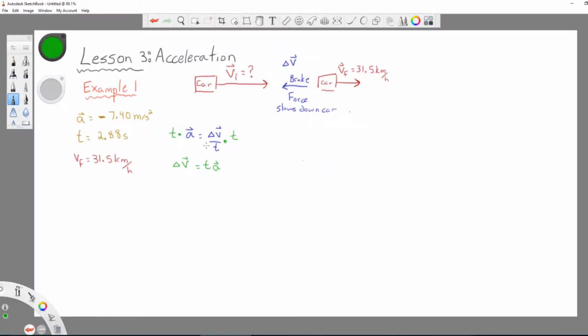All we have to do now to solve for delta V is stick in our values. So delta V is equal to 2.88 seconds times negative, keep our sign on there, 7.40 meters per second squared.